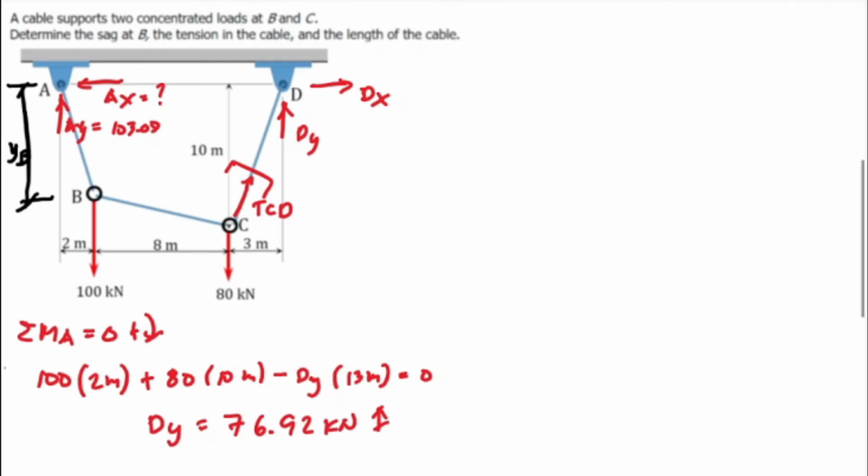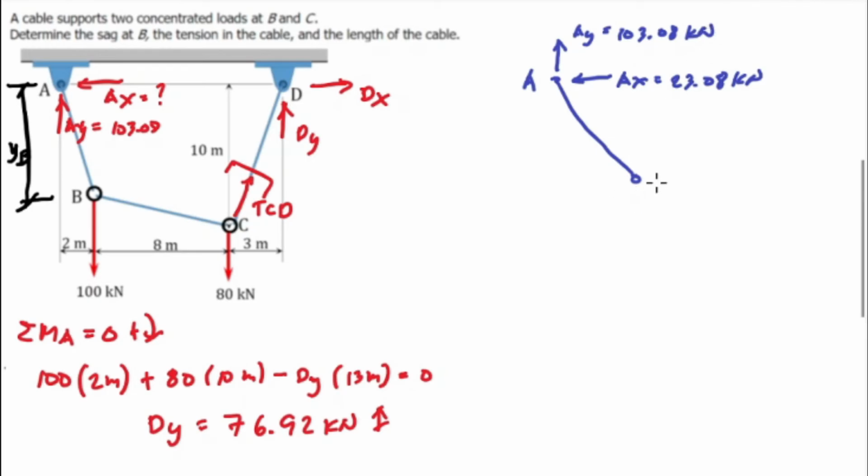Next, we need to cut at point B. So we have A sub Y, which is equivalent to 103.08, and A sub X, which is equivalent to 23.08 kilonewton.